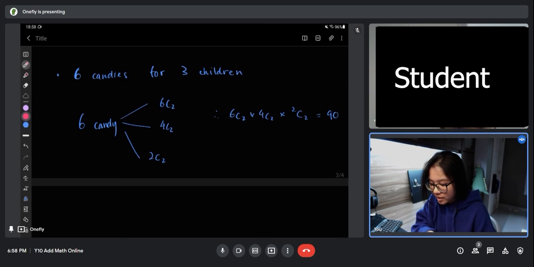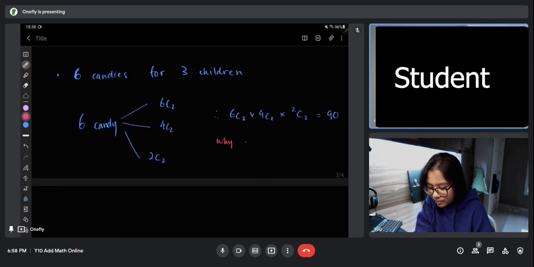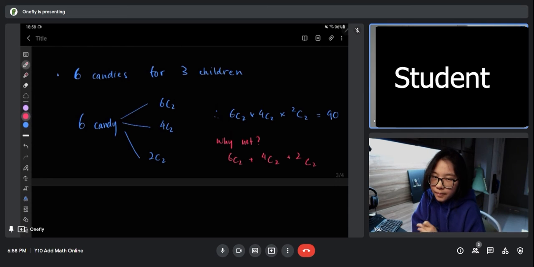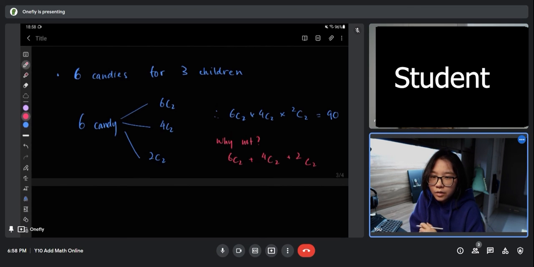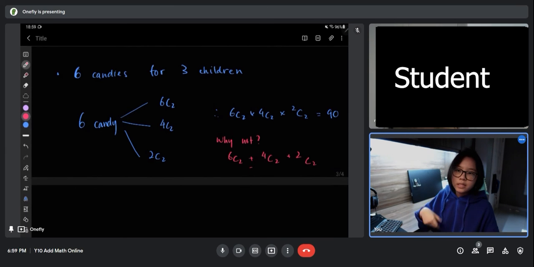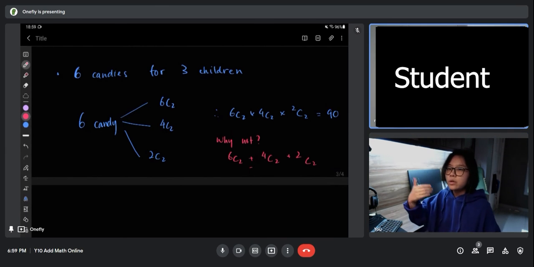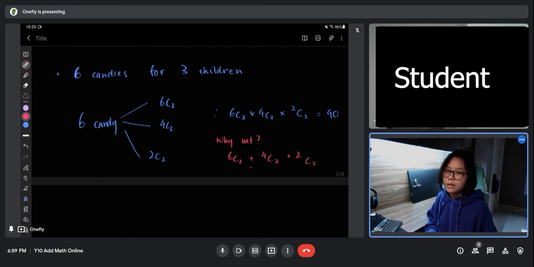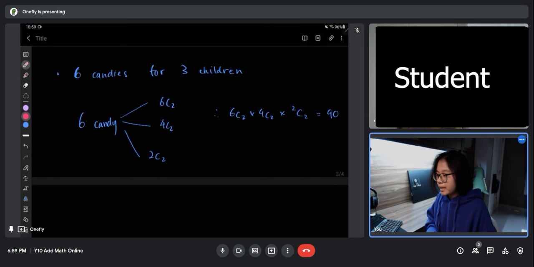Just to make sure you understand. Because if addition means or, it means either this child gets 2 candies or that child or that child. When we say all 3 of them get, then it means multiply.